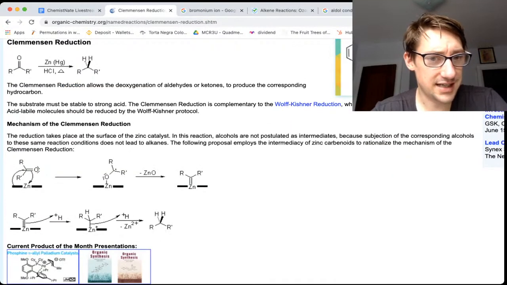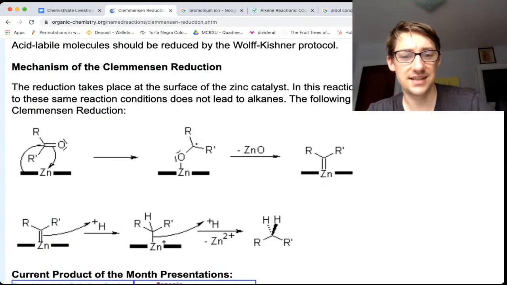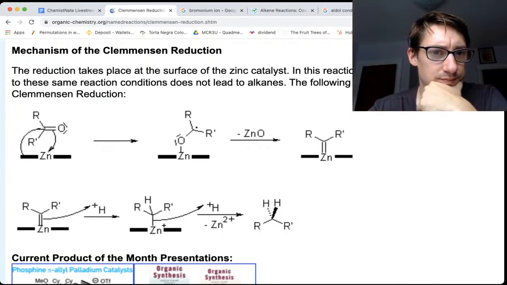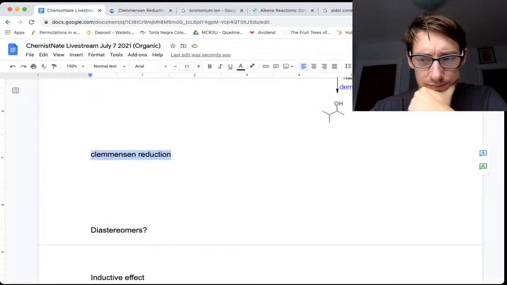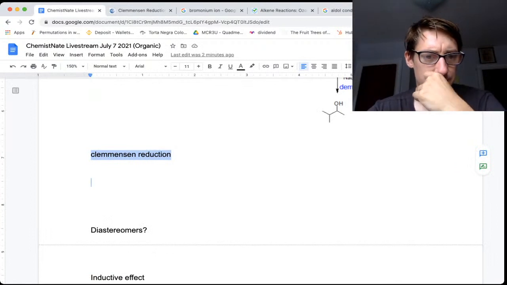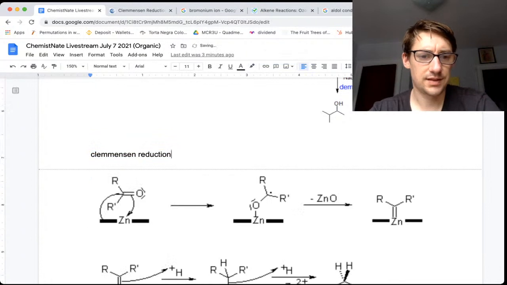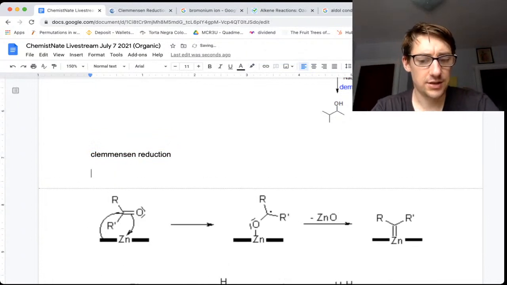The reduction takes place on the surface of a zinc catalyst. Clemmensen reduction.